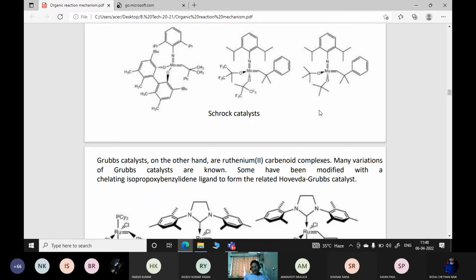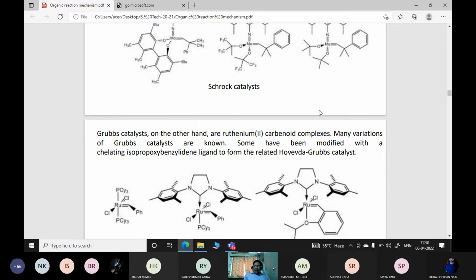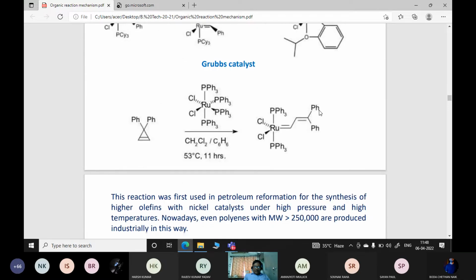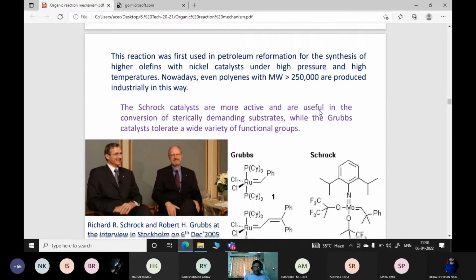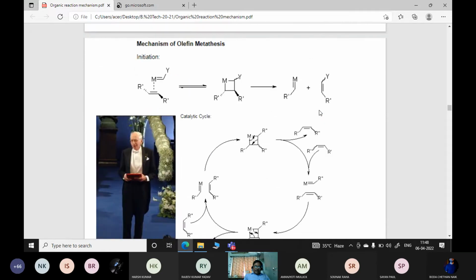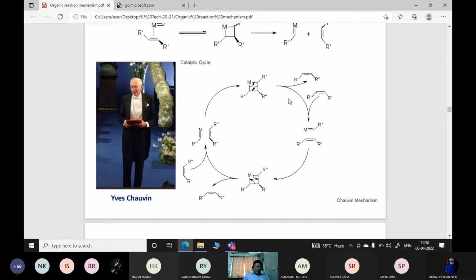After 10 years, Professor Chauvin was able to propose the mechanism, and this is the mechanism of how the reaction is conducted, and this is the photograph of Chauvin. He proposed the mechanism, and these three were awarded the Nobel in 2005.